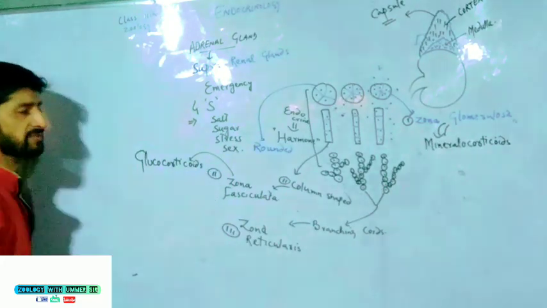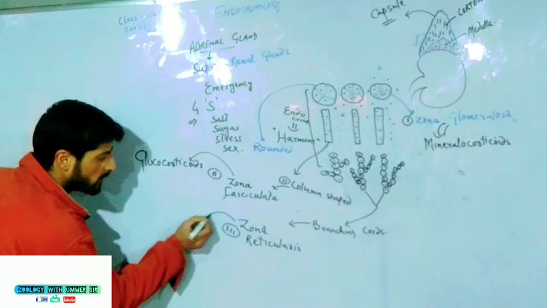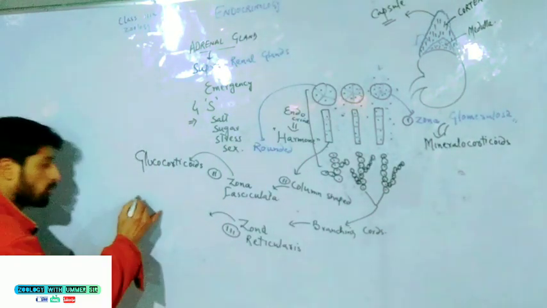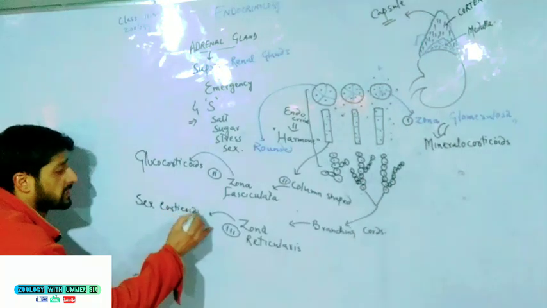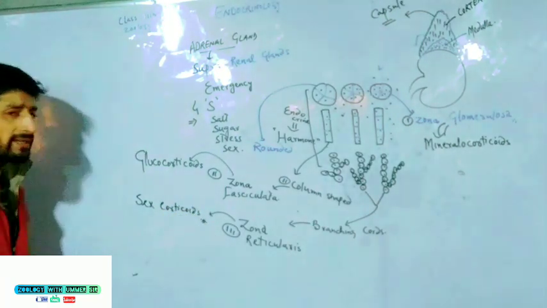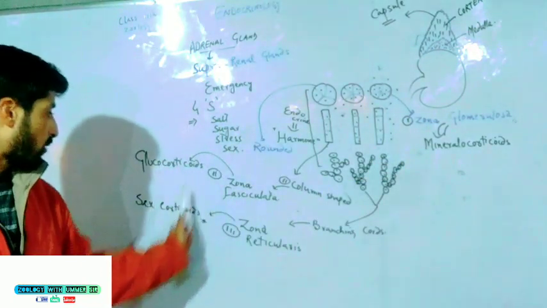The third layer of cells also produces a special group of hormones, those you call sex corticoids. So collectively we may say corticoid, corticoid and corticoid.